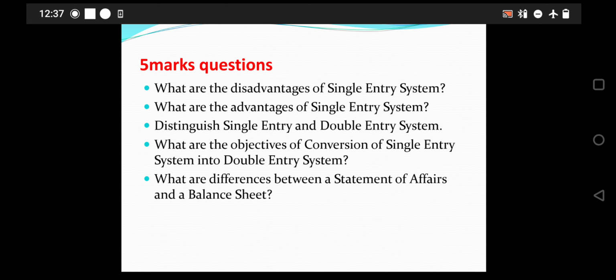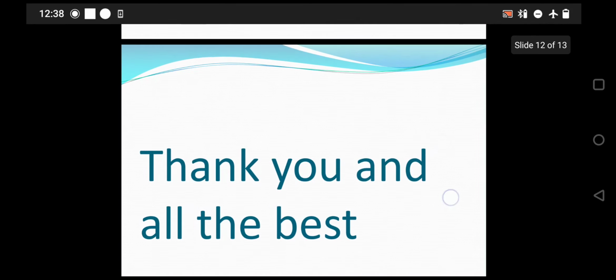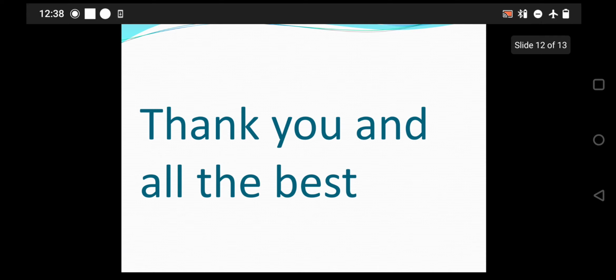And the third difference: the statement of affairs is prepared on the basis of physical inspection of items, but the balance sheet under the double entry system is prepared mainly on the basis of the balances taken from ledger accounts. This is about the 5 marks question, and I hope this video was useful.